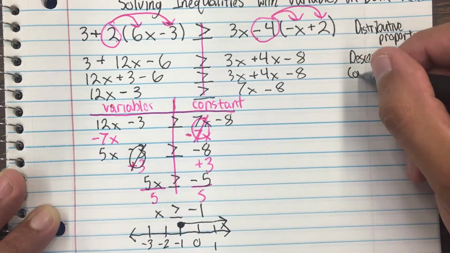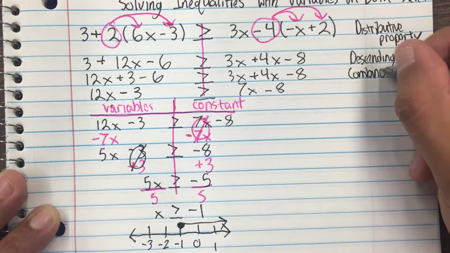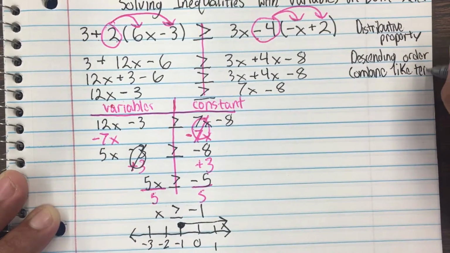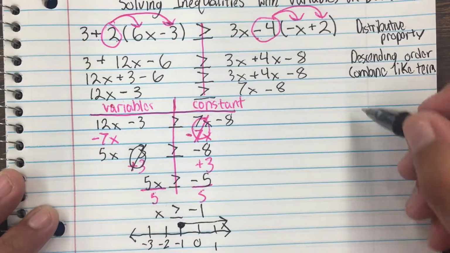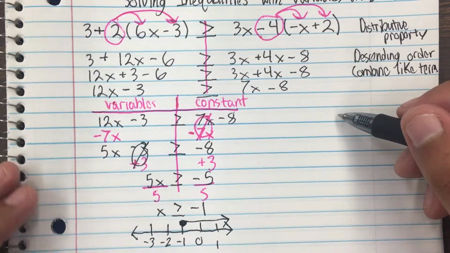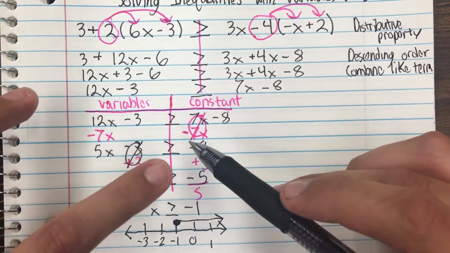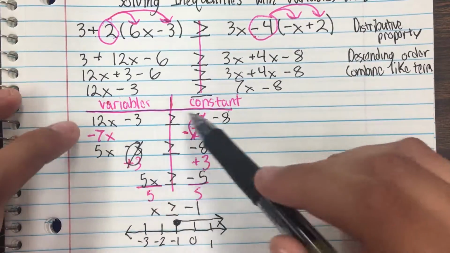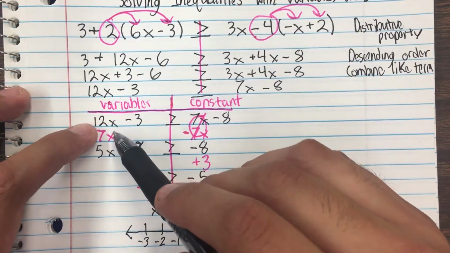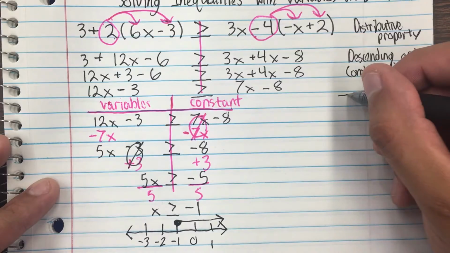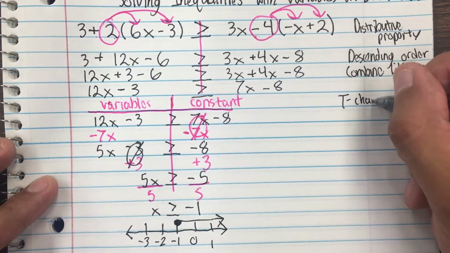Then we combine like terms. This next part, we made our t-chart and we ask ourselves which expression has the greatest linear term. In this case, it was the left expression with 12x. So I'm just going to write t-chart.